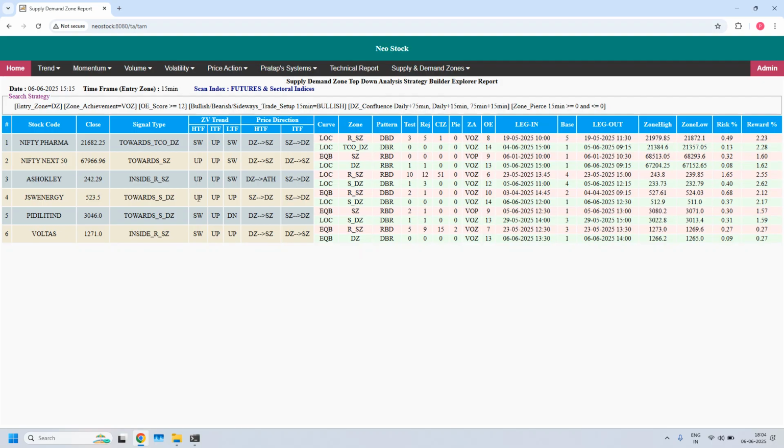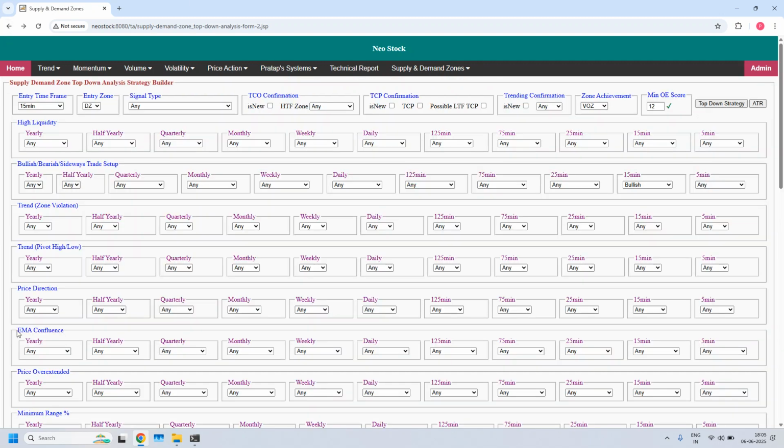And daily trend, the HTF trend, is up in these 3 stocks. So that's why in these 3 stocks, if any daily demand zone has daily EMA, then the 15 minutes demand zones might be having higher probability to get success. Let's verify EMA confluence at daily. I'm checking whether the daily demand zone has daily EMA or not. At the same time, trend on the daily should not be sideways.